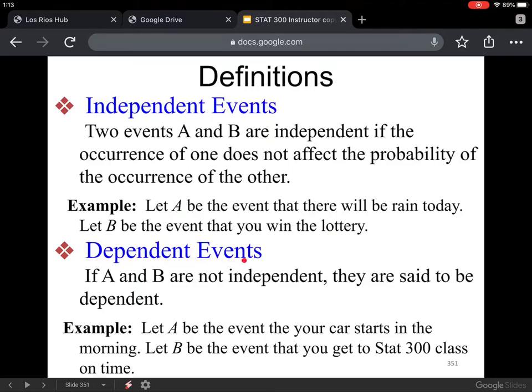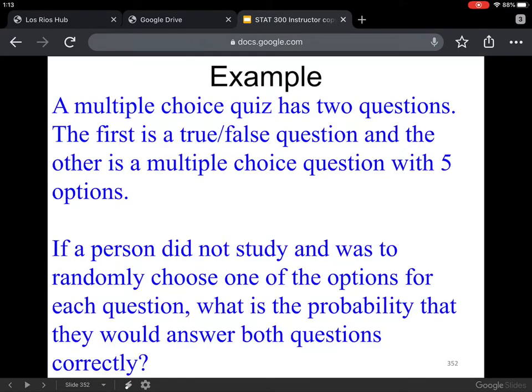Dependent events, on the other hand: if A and B are not independent, they are said to be dependent. Here's a really quick example. Let A be the event that your car starts in the morning, and let B be the event that you get to stats class on time. One actually does have an influence on the other, and therefore the probabilities would be different, or a different way of calculating them.